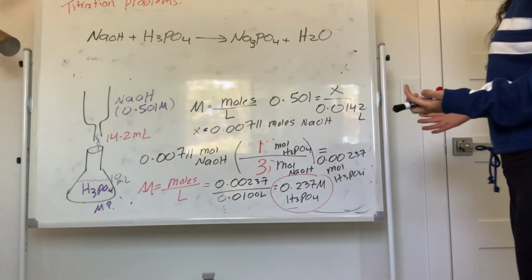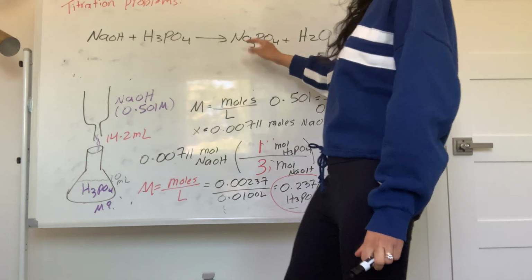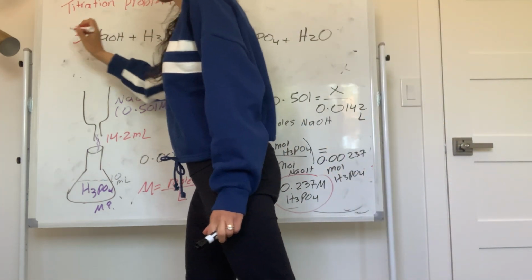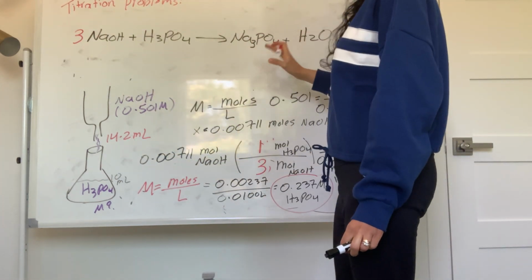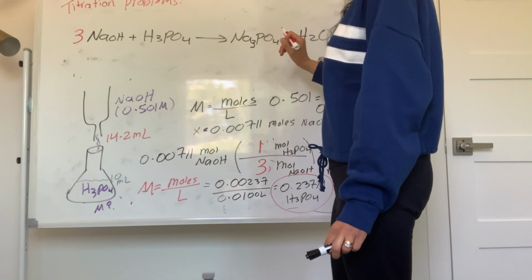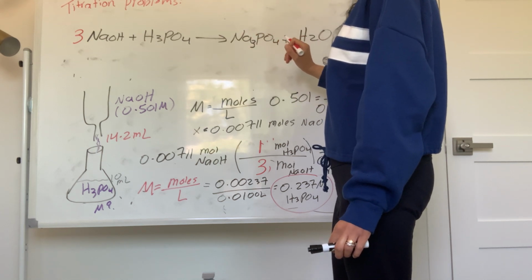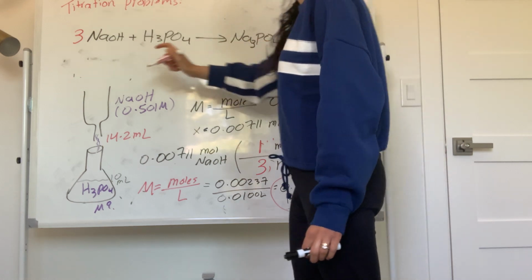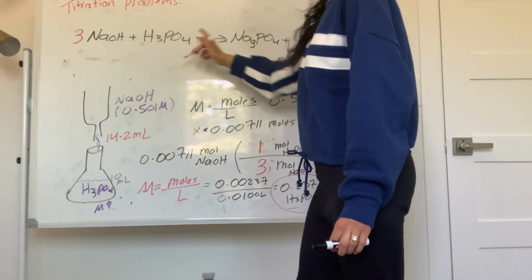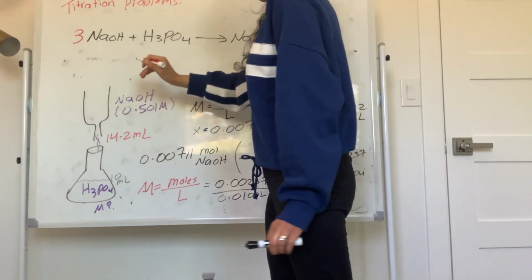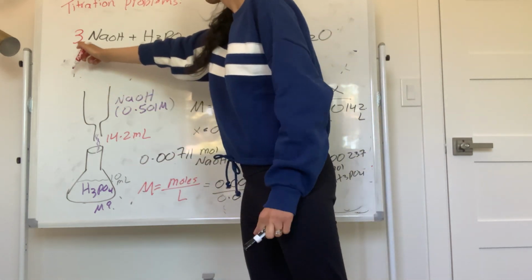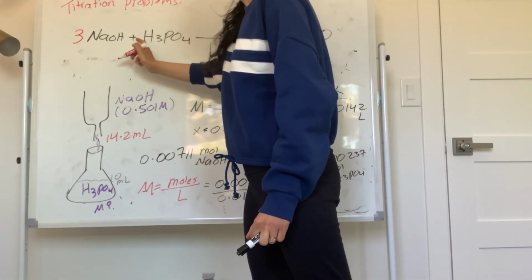Now we have to balance it. I have 3 Na over here, so I put a 3 in front of NaOH. Sodium is balanced, phosphorus is balanced, that's great. How about the oxygen and hydrogen?